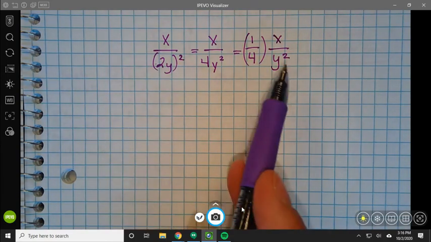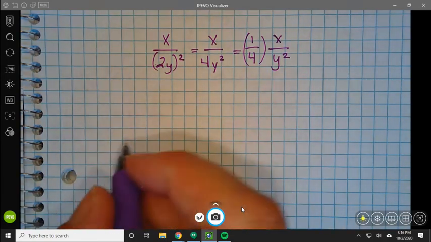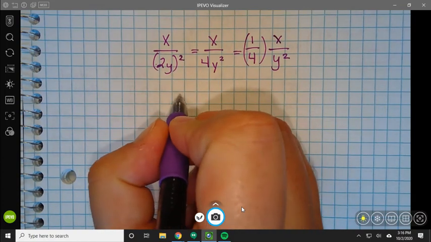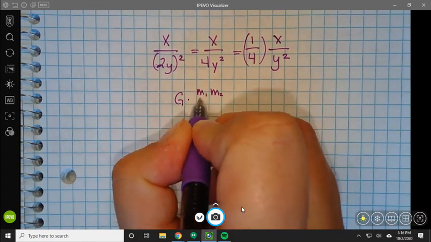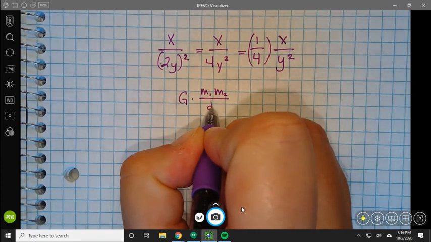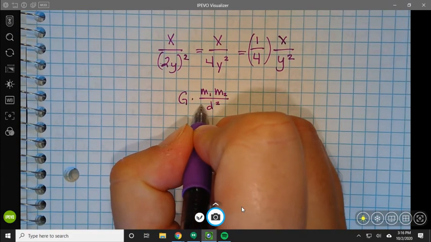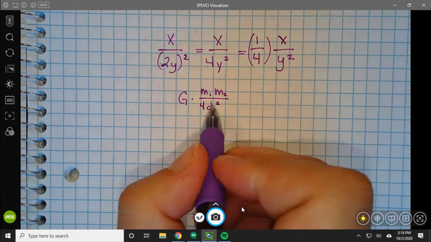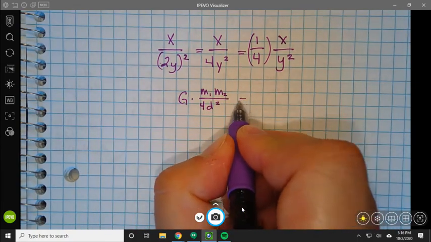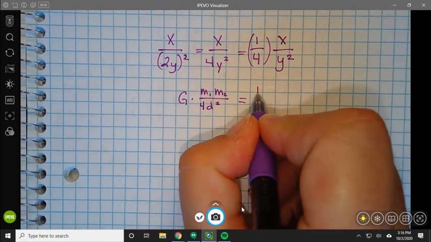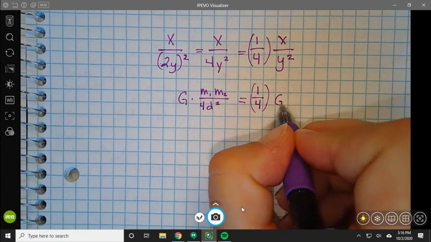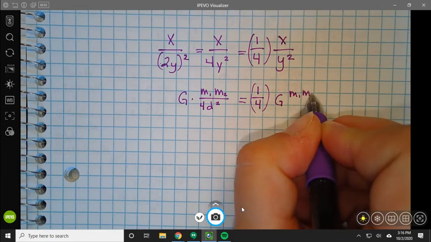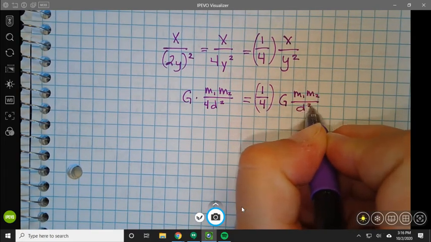This is exactly the same thing that we're doing when we have G times m1, m2 over d squared. Let's say we have 4d squared, like we just did. We can pull that out to say 1/4 times G times m1, m2 over d squared.